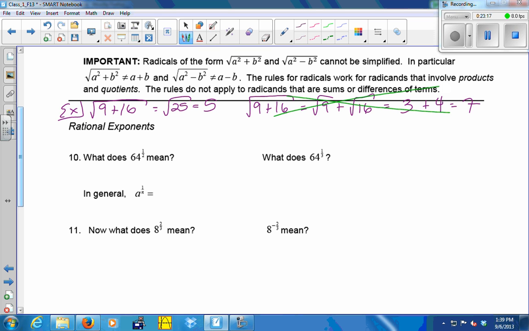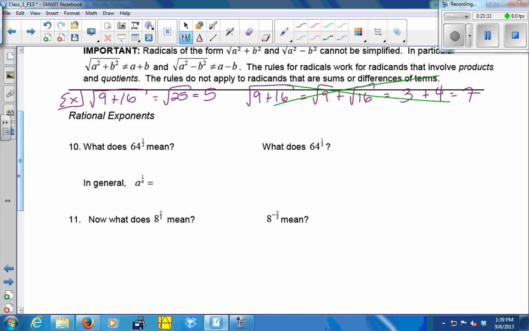Because the order of operations says you have to do what's grouped together first. Think of that big square root as parentheses. So you can't take the square root before you add them together. So this is a super common mistake in this class. So drill it into your head now.